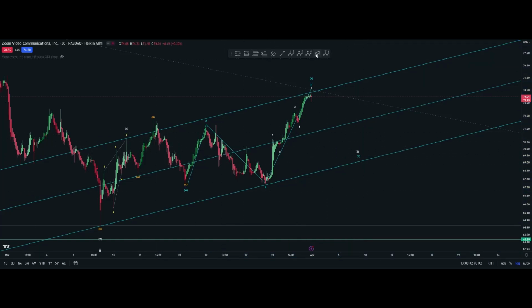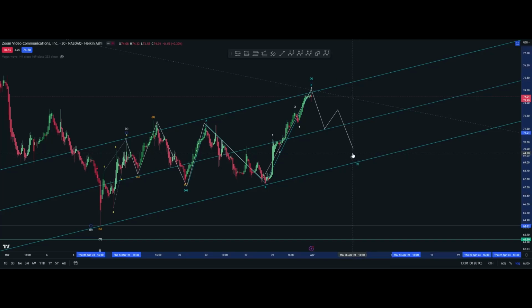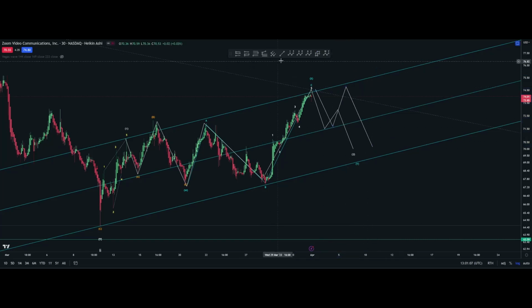So if it's a double combo, then flat W, flat X, and the third one can be a zigzag, it can be another flat, or it can be a triangle.